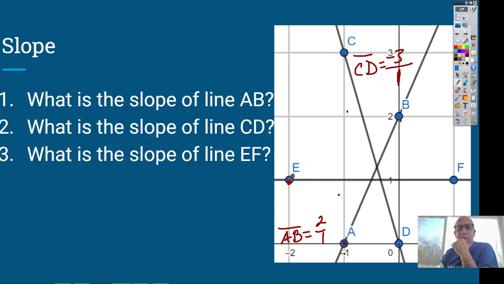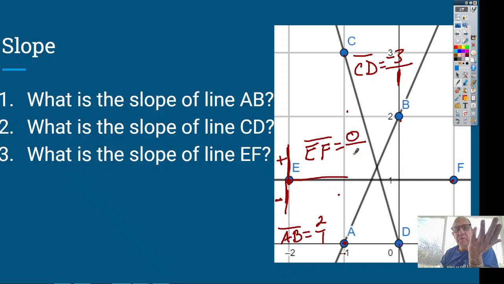What about this line, EF? Well, if we're thinking about the positive and negative slopes, right? If positive slope would go up and negative slopes would go down, this one goes straight across. So EF never leaves 0.